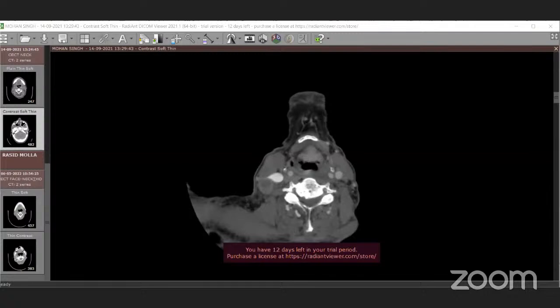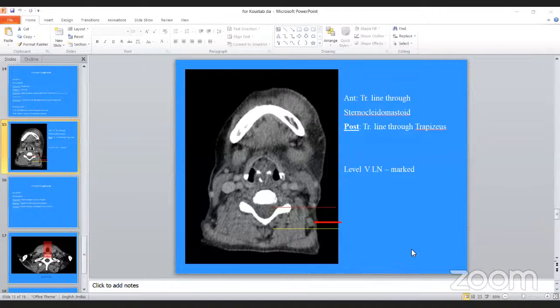Yes, we can see your slide. Level 5, right? I mean transverse cervical vessels. I cannot see it. Are you moving your slides to a particular slide? We cannot see it. Okay, 1 second. Now can you see? Yeah.